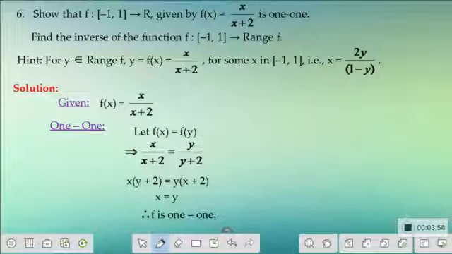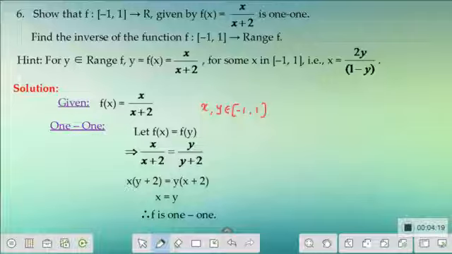Let us take two elements from the closed interval [-1, 1], x and y. So let x, y belong to the closed interval [-1, 1]. Now we'll have a condition, say f of x is equal to f of y. What we need to prove here is that if f of x is equal to f of y, then x is equal to y. So let us assume f of x is equal to f of y.